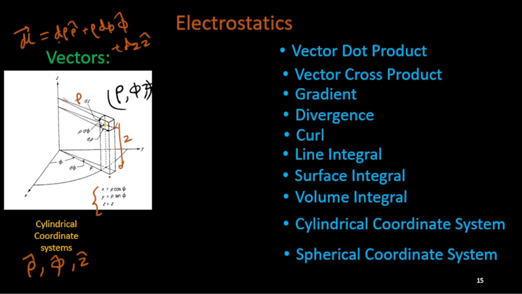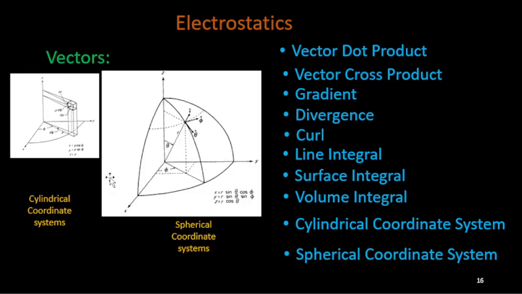So next, the other one is the spherical coordinate system. There, any point P will be considered with these three parameters. One is r, the distance from the origin. Then theta, the angle with the z axis, and phi, again similar to this one, the angle with the x axis.